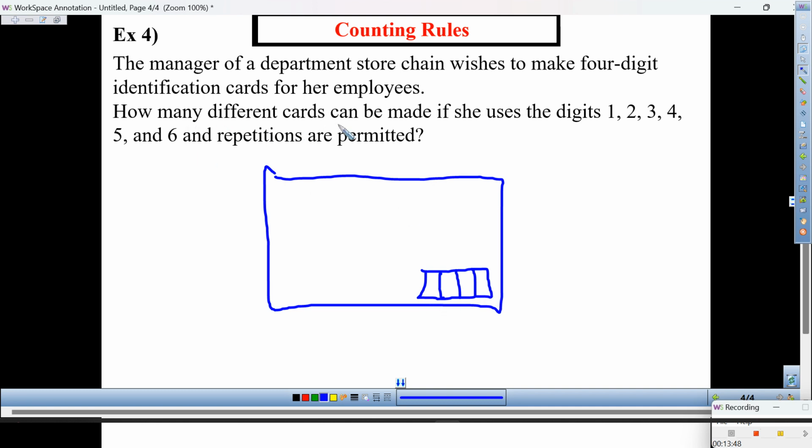How many different cards can be made if she uses digits 1, 2, 3, 4, 5, and 6, and repetitions are permitted? So talk it over with your neighbor. Let them know how many different numbers we use for each of these slots in the ID, and then from there, how many total IDs can come up with that? Talk it over with your neighbor. Go.